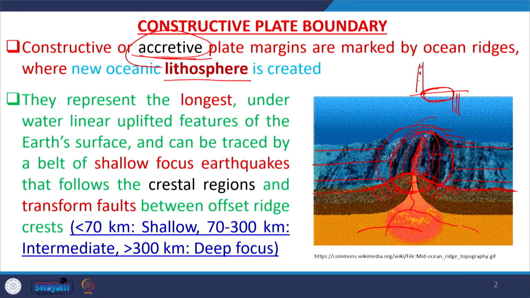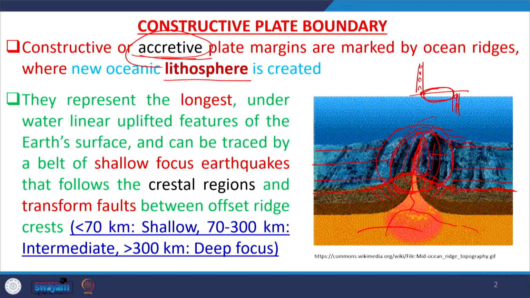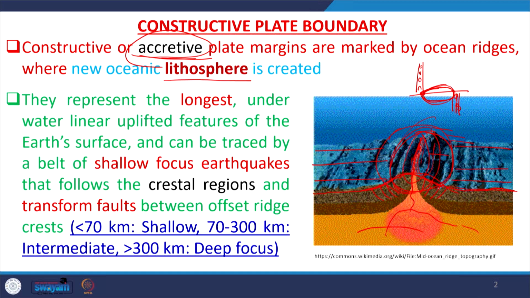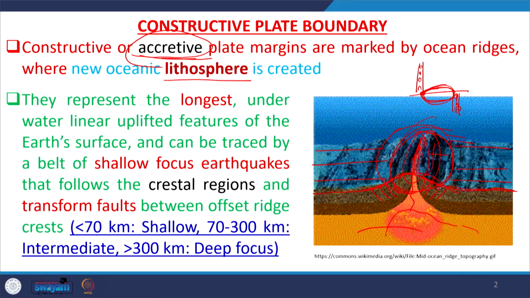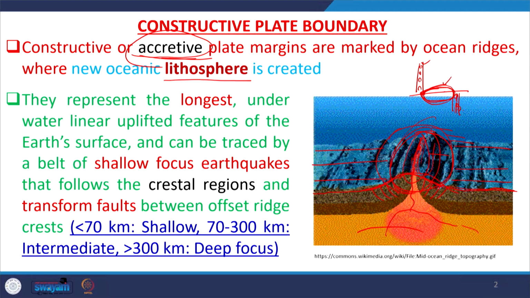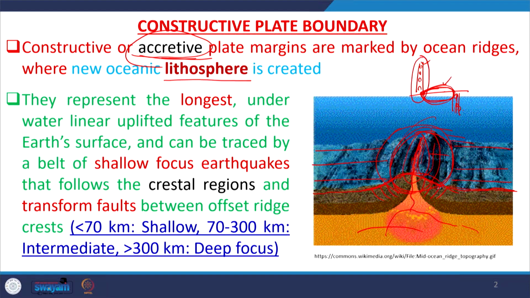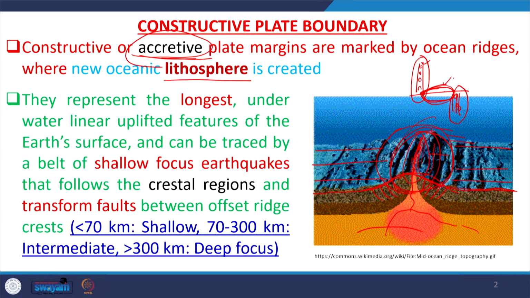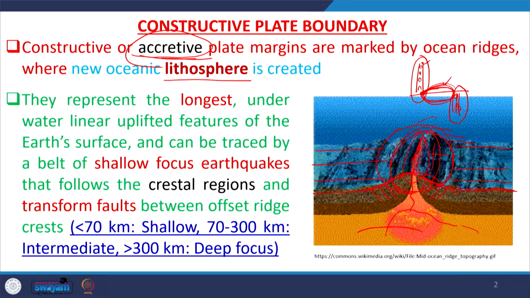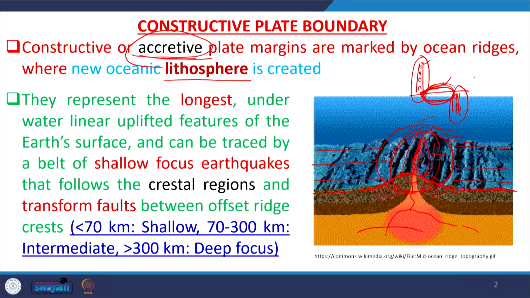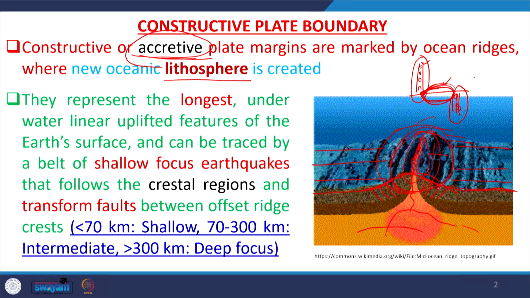The earthquakes happening along the crestal region are sometimes somewhat deeper than this. However, the basic difference between the earthquake properties here and here is that along the crestal region the earthquakes are of normal faulting nature, but in the transform fault or fracture zone region the earthquakes are of strike slip fault nature.